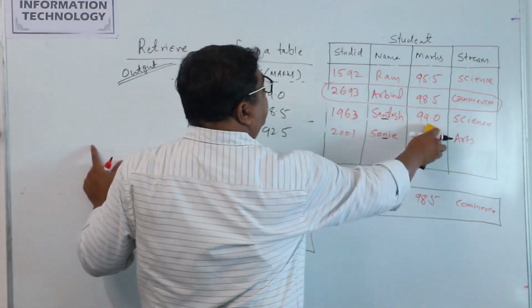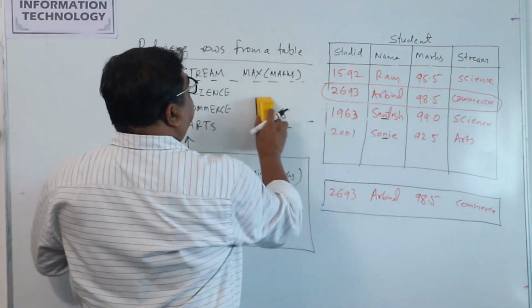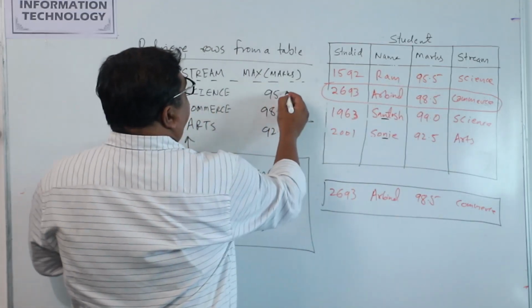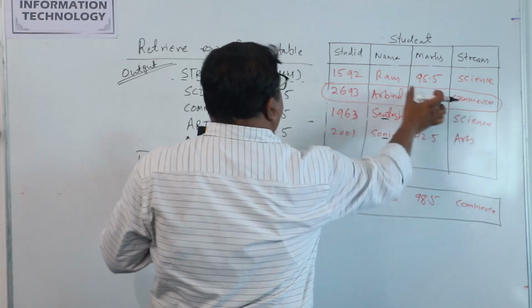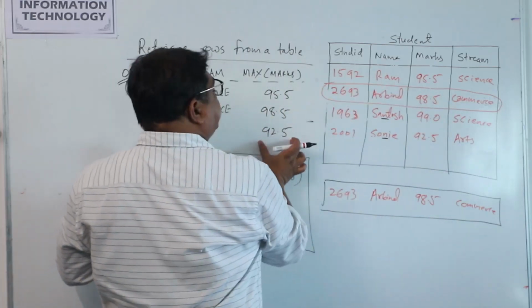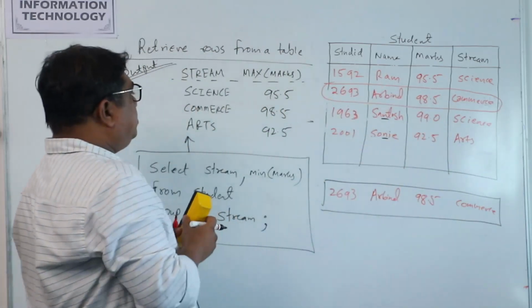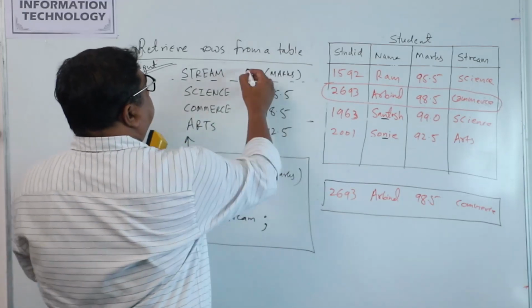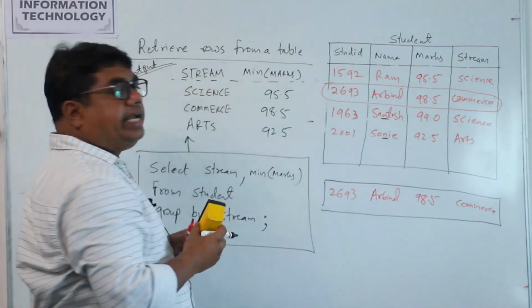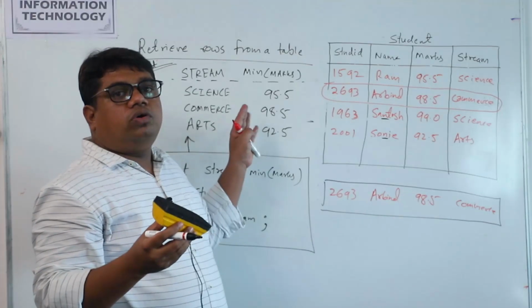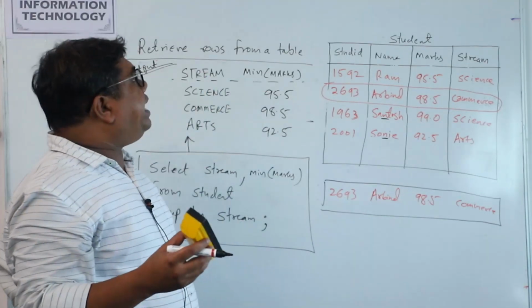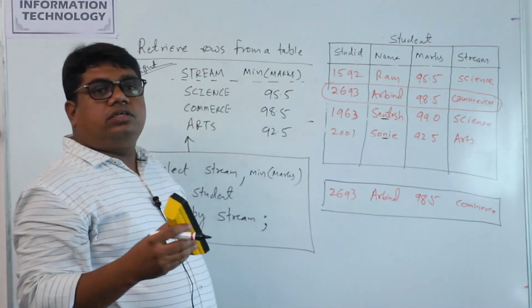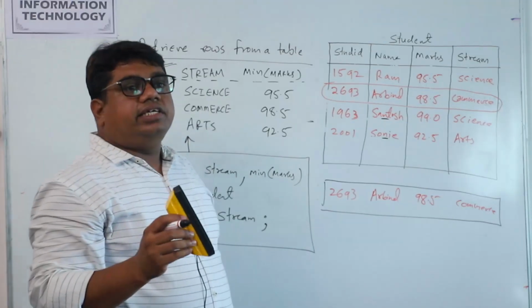Here the minimum value is 95.5. And here we have only a single data, so it will be 90.5, and it will be 92.5. So here the heading will be min marks. Okay, so this is how we use group by with your command. Okay. Thank you.